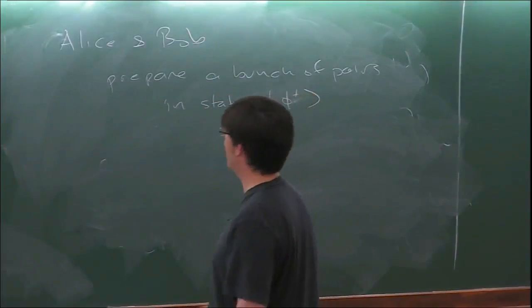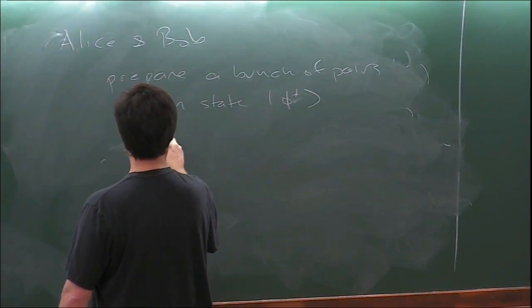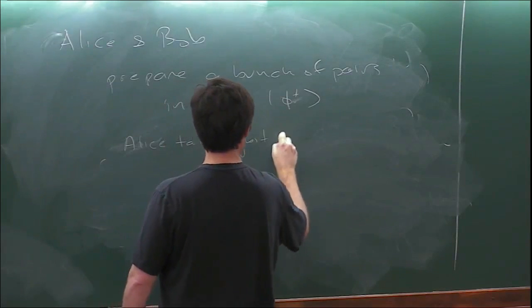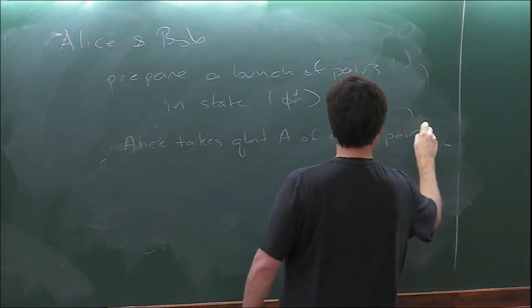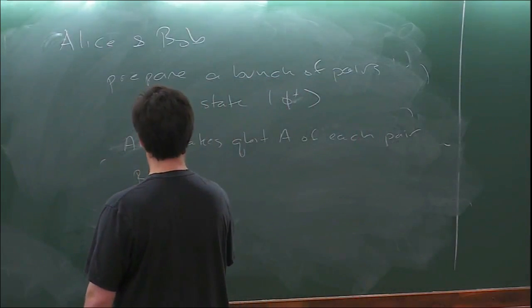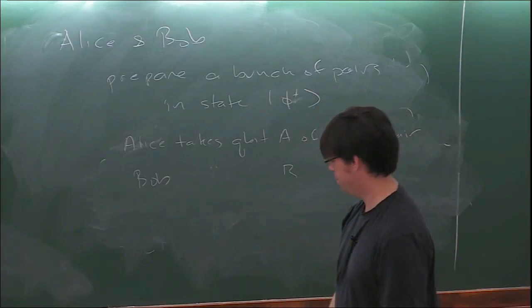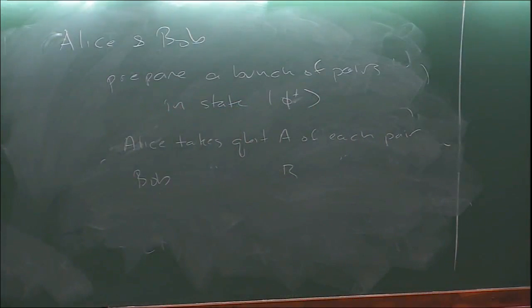And then Alice takes qubit A of each pair, and Bob takes qubit B of each pair. And that's going to be the resource they're going to start with in both of these experiments.